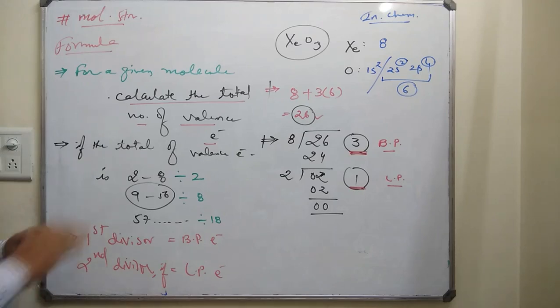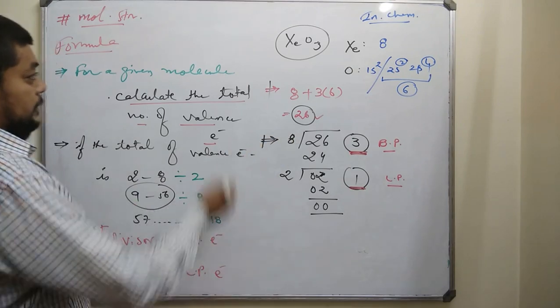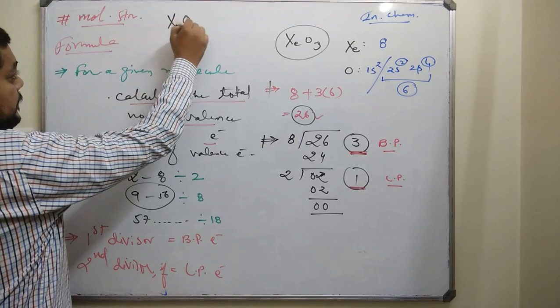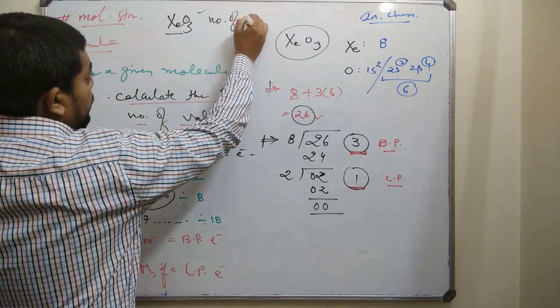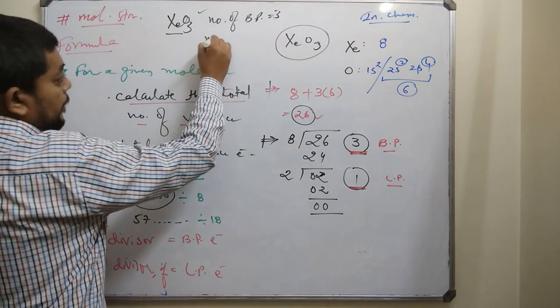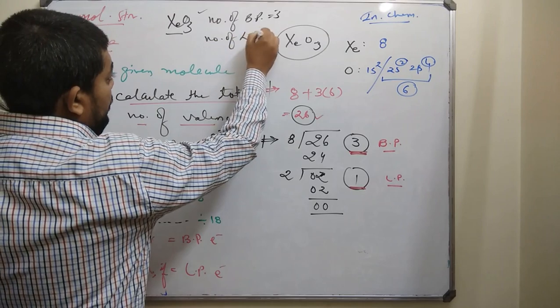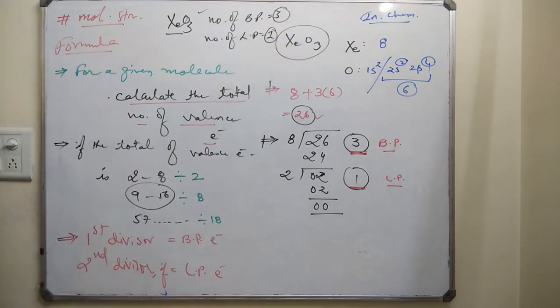From this much idea, we can get most of the answers. So over here, I am ready with 2 answers: for XeO3, the number of bond pairs is 3 and the number of lone pairs is 1. So I am done with 2 of my answers.